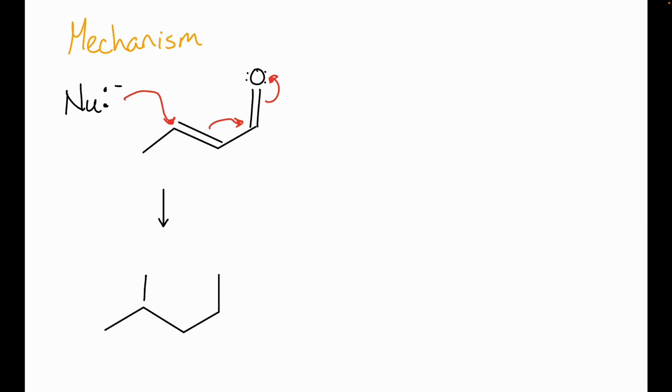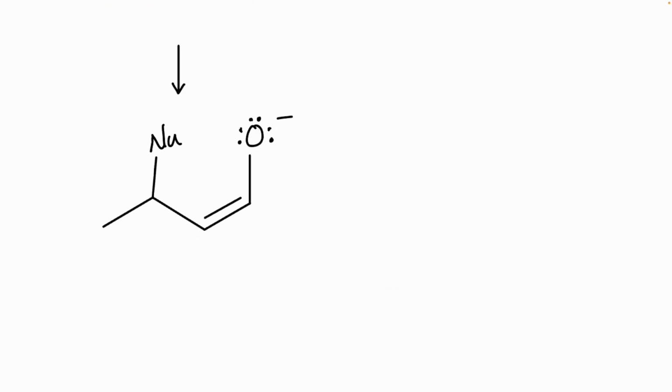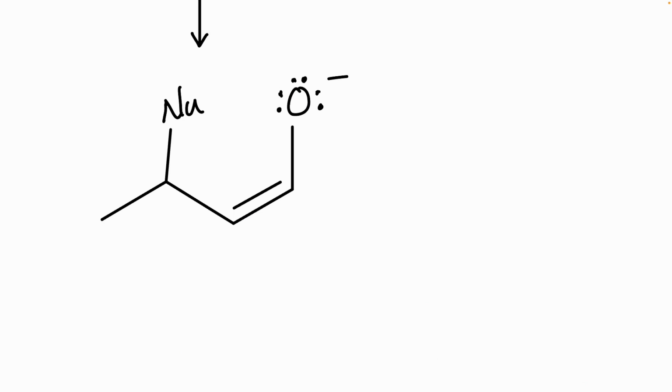So now I have my nucleophile attached, and this negative charge on my oxygen. And we talked a lot about these structures right here. What do we call it when we have this, what are we looking at here? This is an enolate.